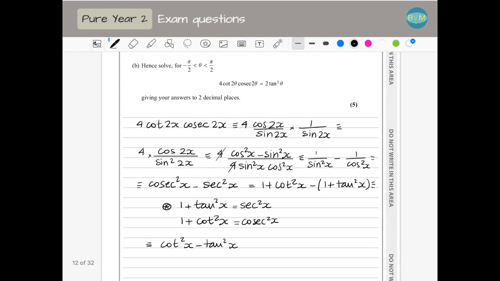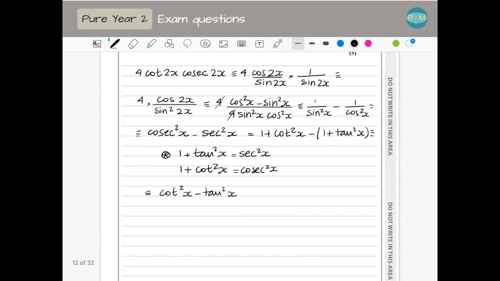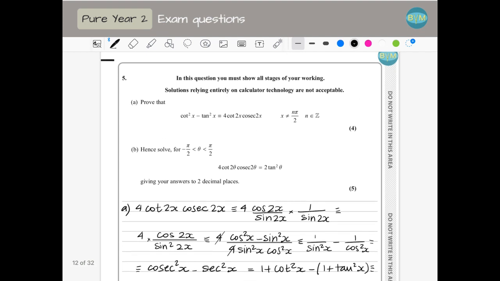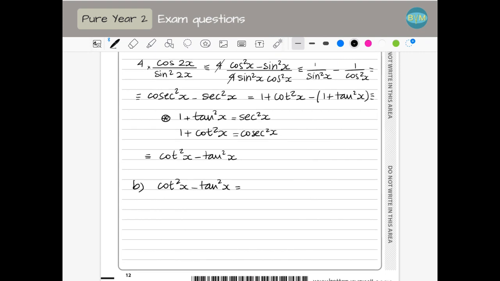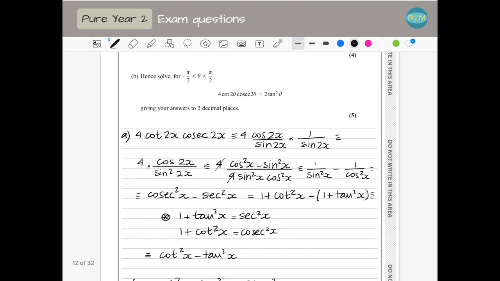So I'm going to write the equation using my identity, so this is B, this was A. So cot squared x minus tan squared x, all this bit is cot minus tan squared is 2 tan squared.